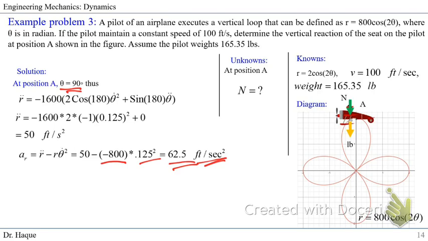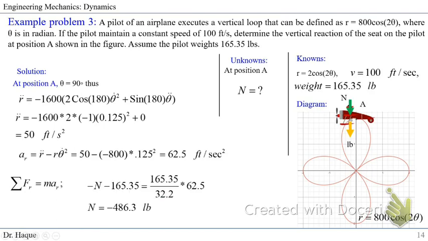So we have solved a_r. Now we are ready to solve the equation of motion. Sum of F_r equals m a_r, summation of force in the radial direction, mass times acceleration in r. So let's do that. We plug in the value. If we see the image, there are two forces in the radial direction.